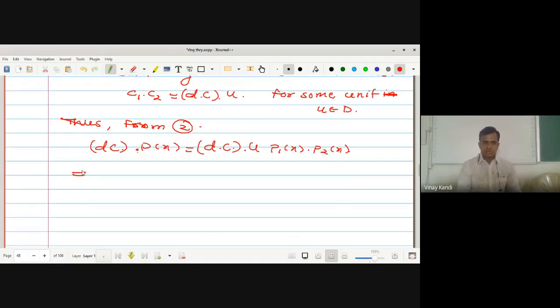By the left cancellation law, this d and this d get cancelled. So here we get c into p of x is equal to c into u into p1 of x into p2 of x.